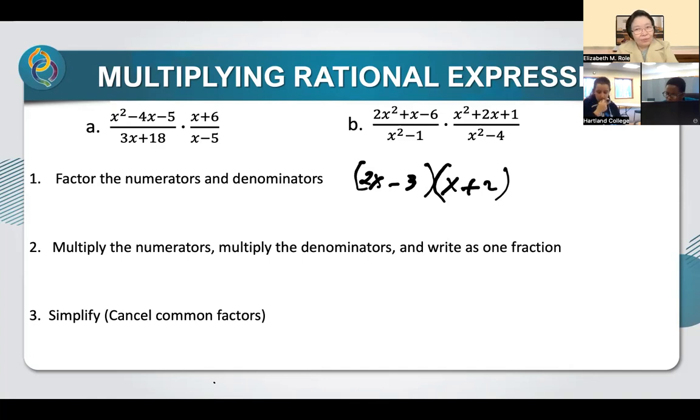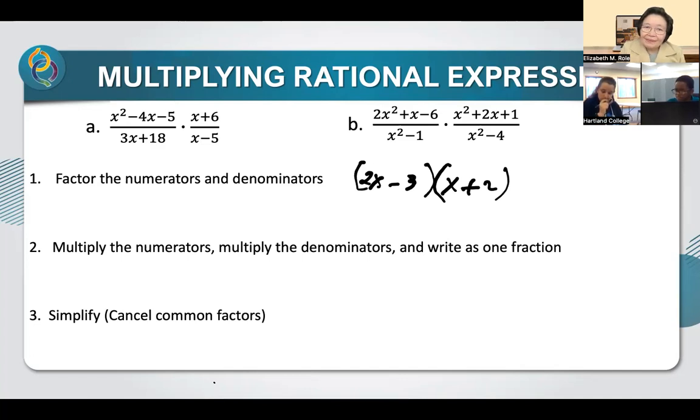It can be 6 and 1, it can be 2 and 3. But you just have to think of factors that when you add will give you a 1. So one is a minus, the other is a plus. So (2x minus 3)(x plus 2), if you just want to do that directly, but otherwise, you can use your factoring by grouping.